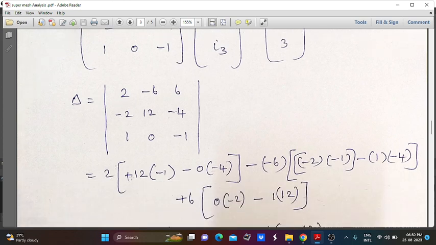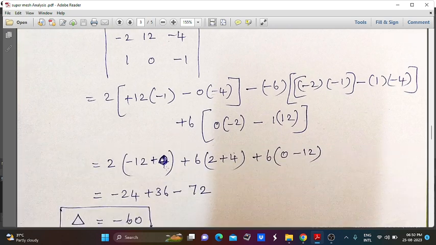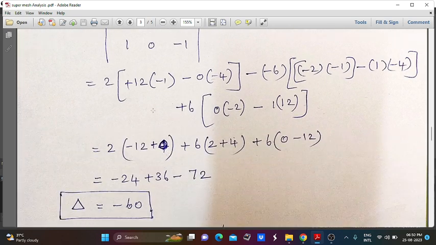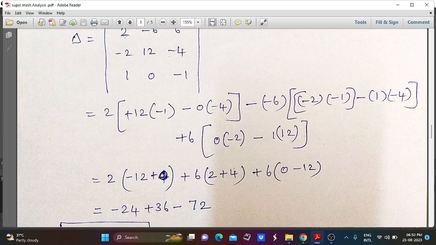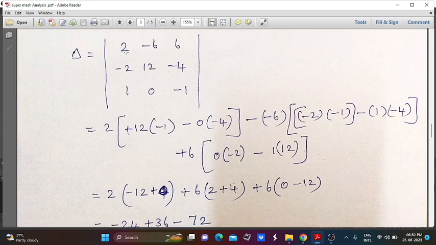Finally we get all the values for this del value after calculation. The first row and first column are considered here: 2 into (12 into minus 1, minus of 0 into minus 4). Next, minus, the second column and first row should be considered: so minus 6 into (minus 2 into minus 1, minus plus 1 into minus 4).